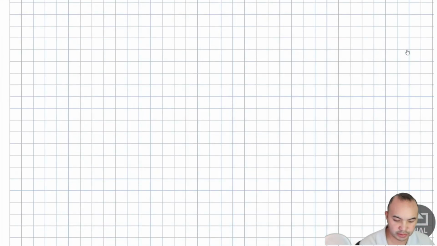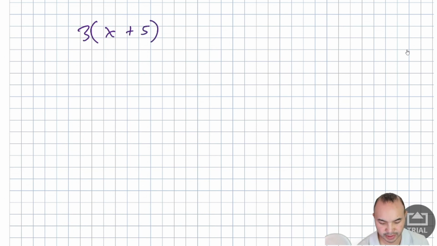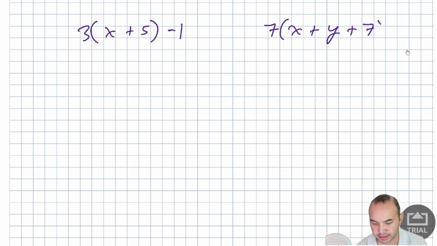And to close, I'm just going to end with a couple of examples with variables here. So if you had like 3 times (x plus 5) minus 1, let's say you had that. Or you had 7 times (x plus y plus 7), like that. So you just have to distribute.